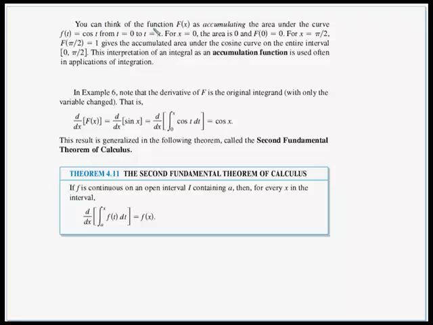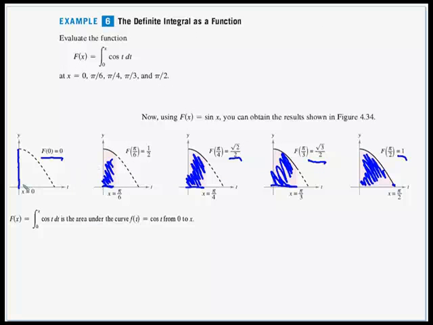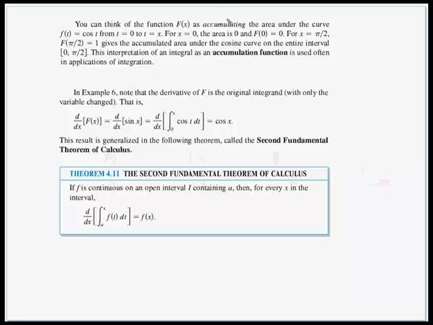So you can think of the function f of x as accumulating the area under the curve. Again, here is sort of that we were rolling out across the x-axis. As we rolled out farther and farther, we accumulated area underneath the curve. So we can think of this as an accumulating area under the curve from f of t equals cos t, from t is 0 to t equals x, whatever x value we choose.